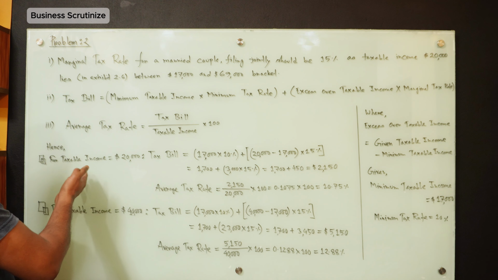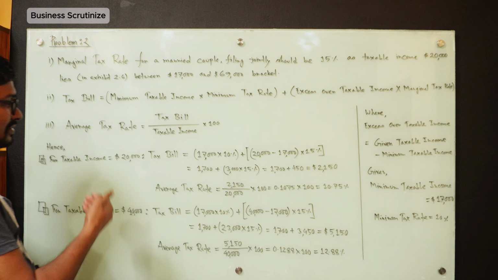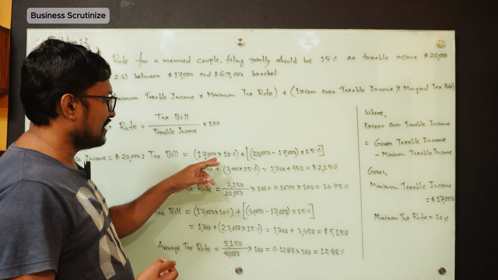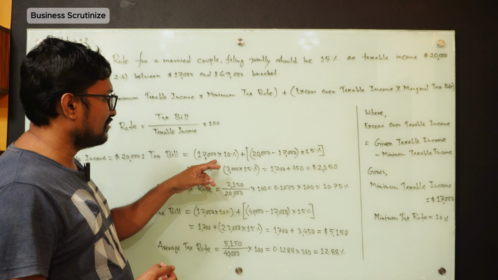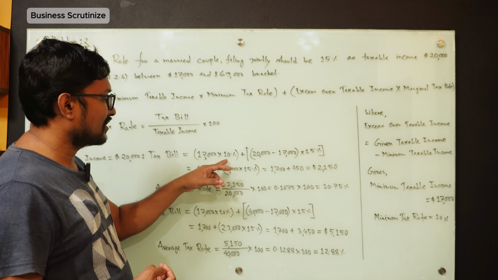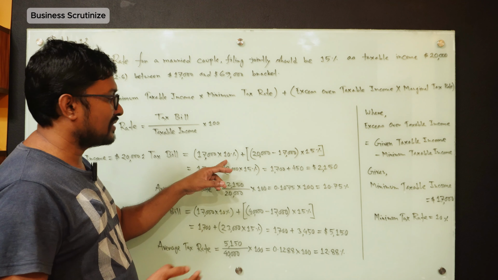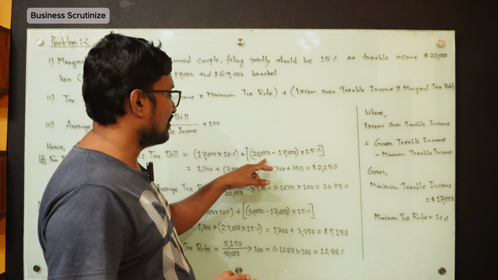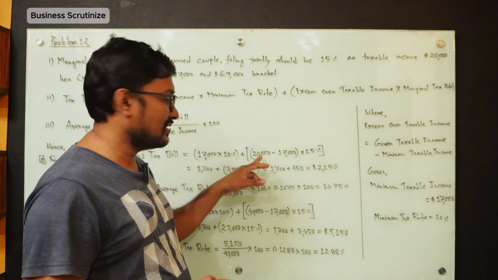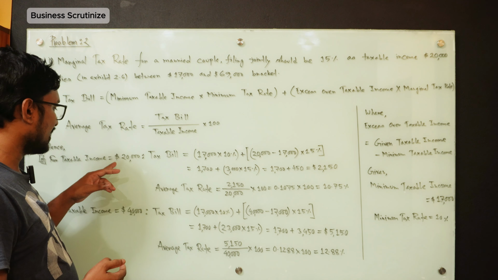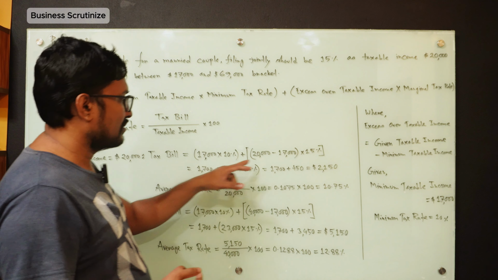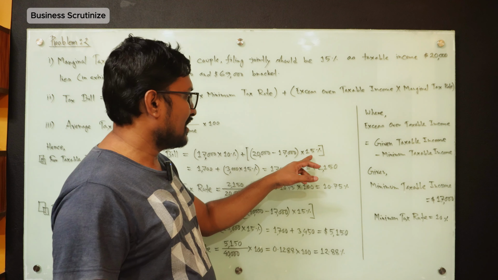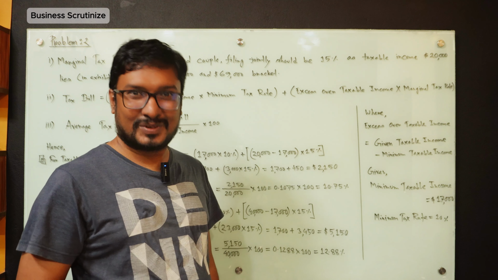First, for taxable income of 20,000, the total tax bill is 17,000 times 10%, the minimum taxable income multiplied by the minimum tax rate, plus 20,000 minus the minimum taxable income 17,000, multiplied by the marginal tax rate of 15%.